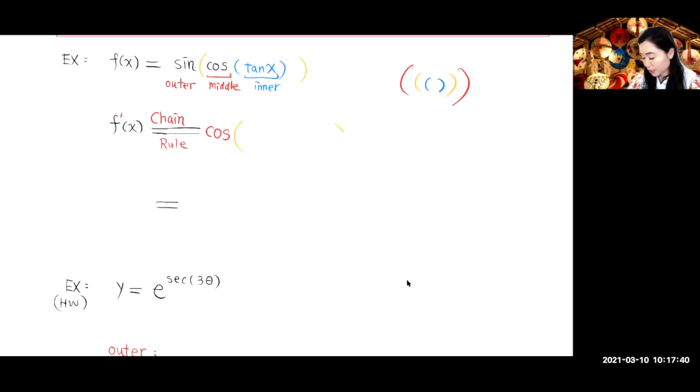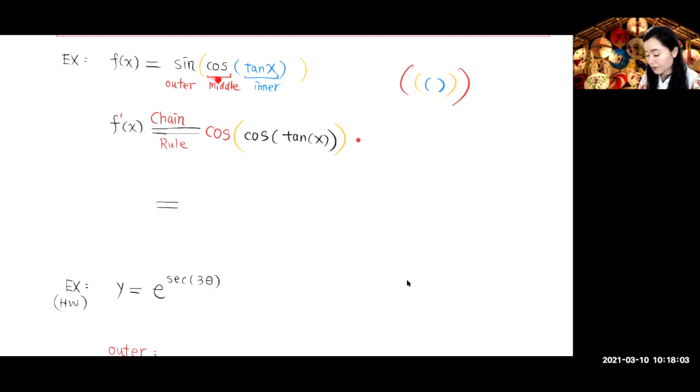So you just copy it: cosine of cosine of tangent x over here. Now we're done with the outermost function, and then times. Now we get to this next layer.